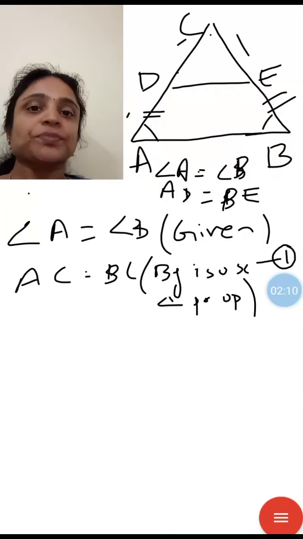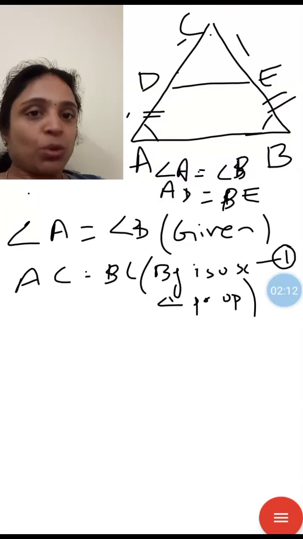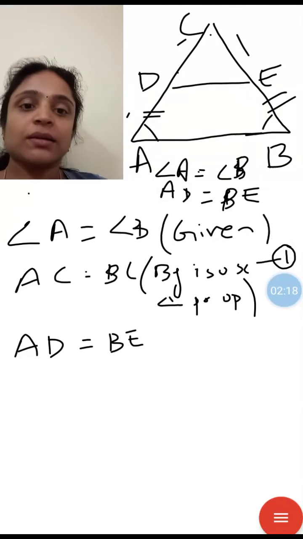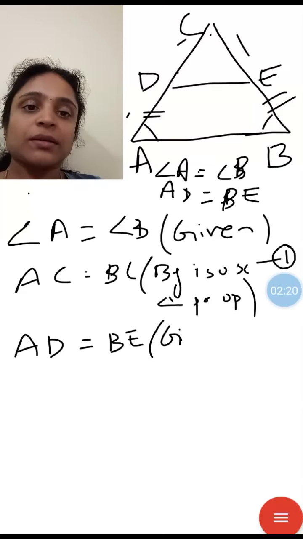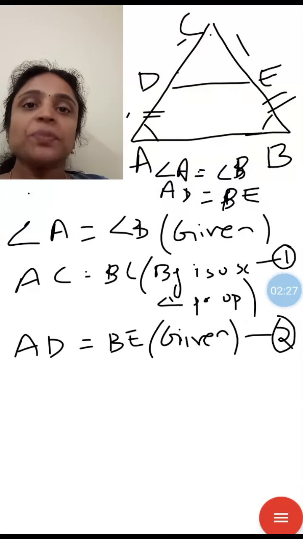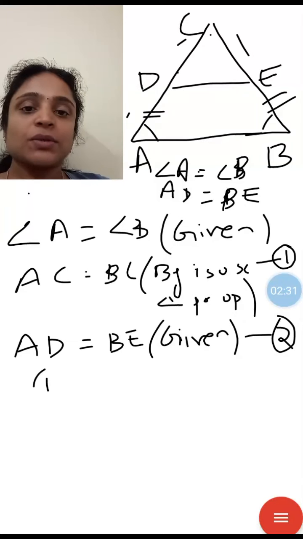Now, we know that AD equal to BE. It is given. Let this be equation 2. Now, subtract equation 2 from 1. So, 1 minus 2.